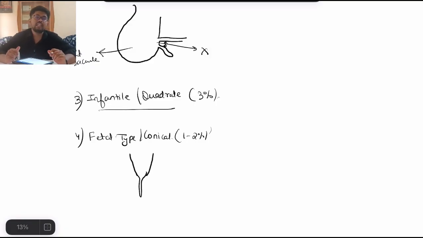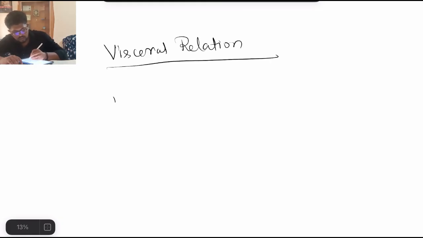Now we'll see the visceral relations of the cecum. In this we will see what structures come in relation anteriorly and what structures come in relation posteriorly.